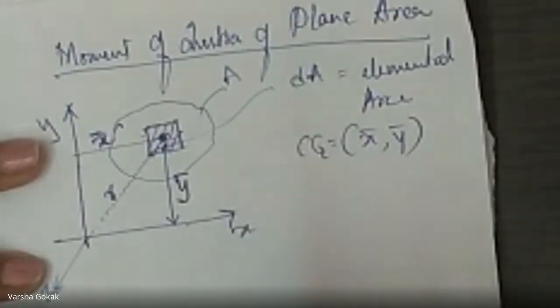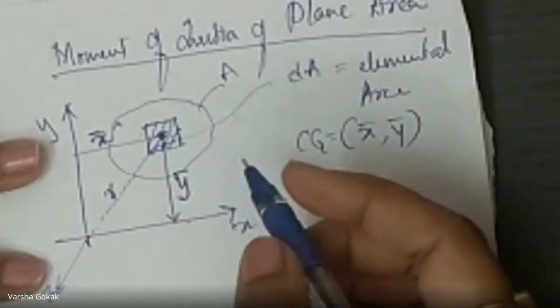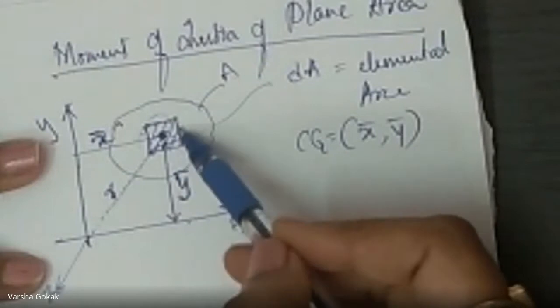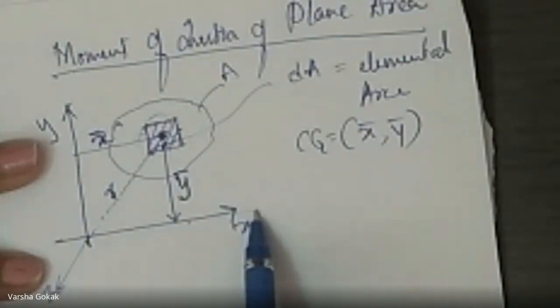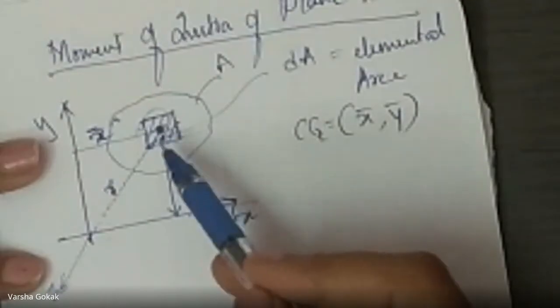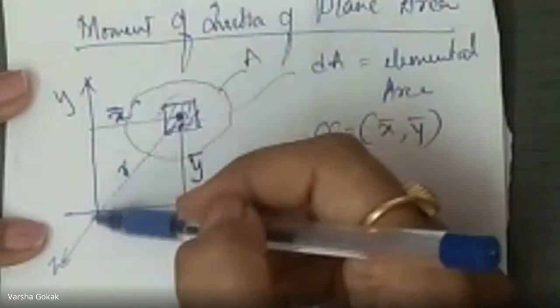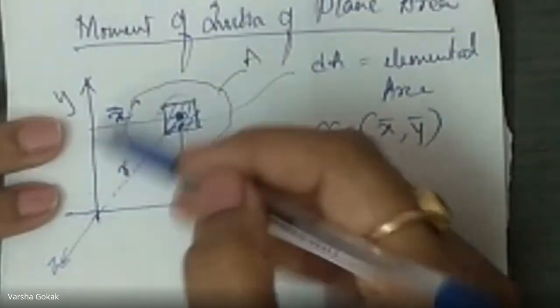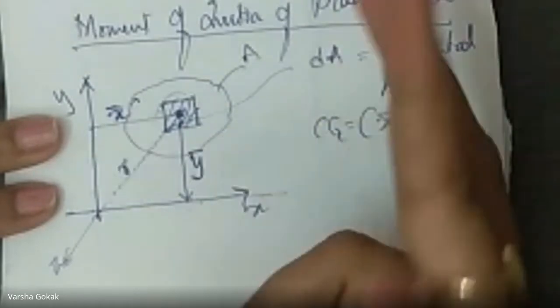Now when I want to find the MI, if I say about this axis, I know it is second moment of area. So area into y is for x axis MI. If I am asking you to find MI about y axis, you will say area into perpendicular distance x into perpendicular distance x bar. Correct?